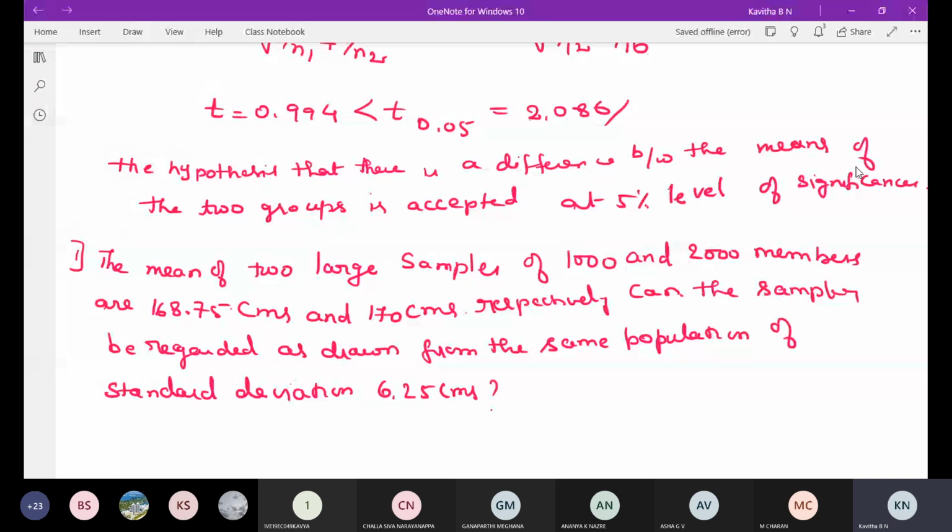Can the samples be regarded as drawn from the same population of standard deviation 6.25 centimeters?